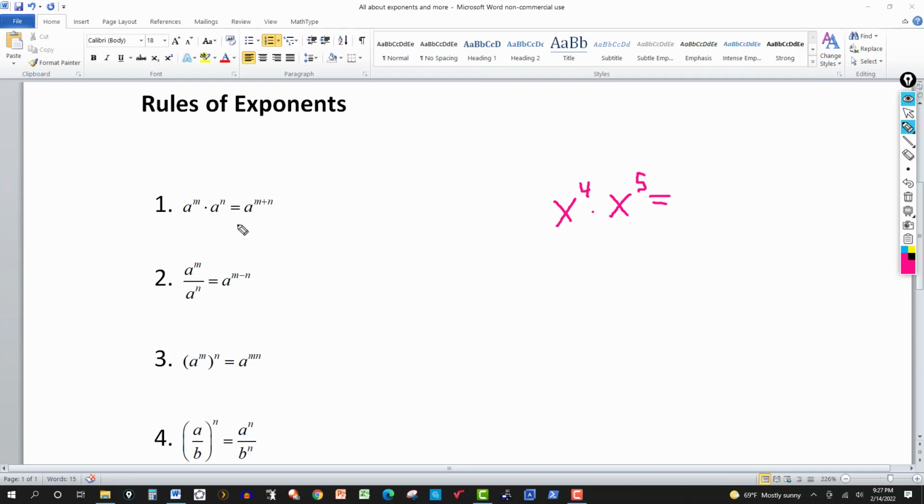The first rule says, well, simply bring down the base, add the exponents. 4 and 5 is 9. Since we don't know what x is, we can't give a number, so we just leave it x to the 9th. We add the exponents because it's 4 factors of x multiplied with 5 factors of x. Altogether we have 9 factors. 4 and 5 is 9.